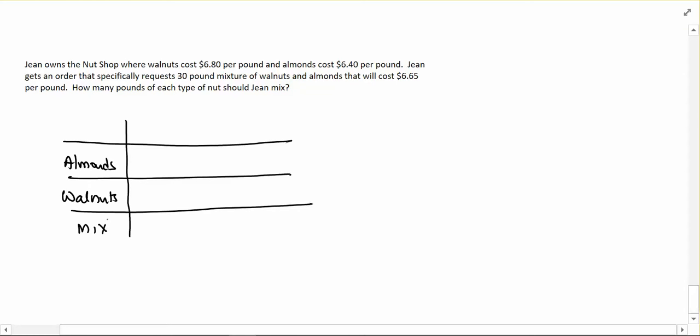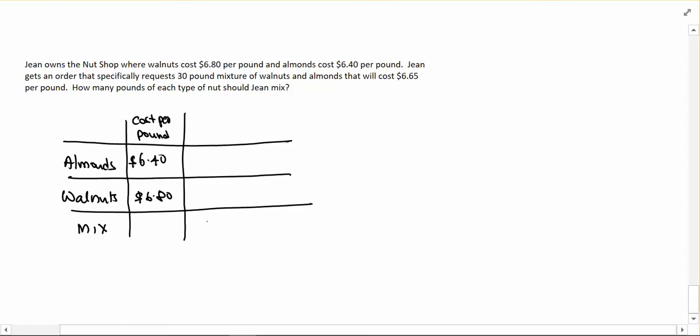So walnuts cost $6.80 a pound, so $6.80. So this is the cost per pound. And the almonds cost $6.40. Okay, she gets an order to mix a 30-pound mixture of walnuts and almonds.